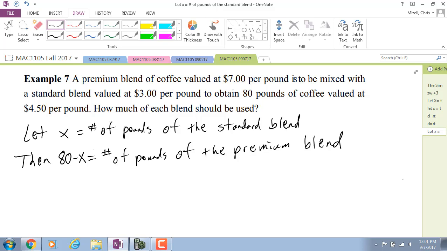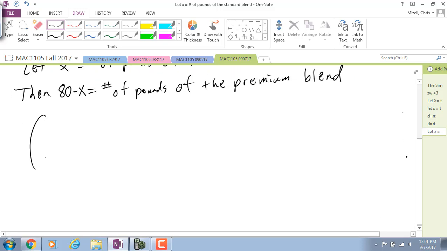We need to set up an equation for value. There's the value of that x pounds of standard blend, I'll call it standard blend, and I'll put in parentheses $3 a pound.